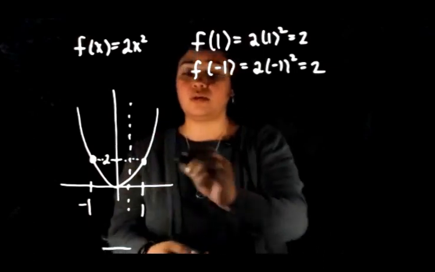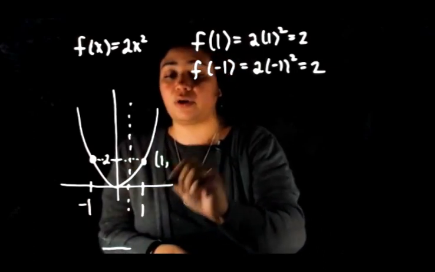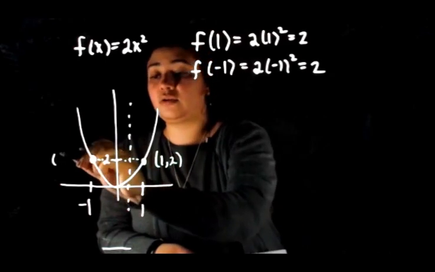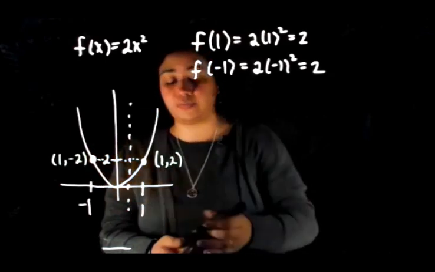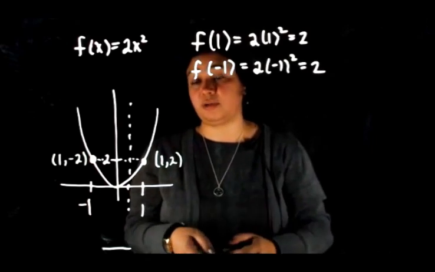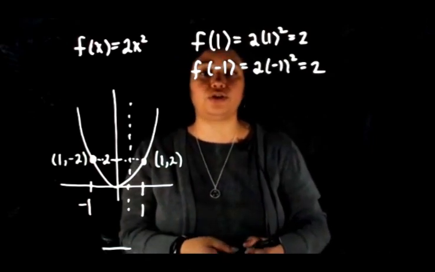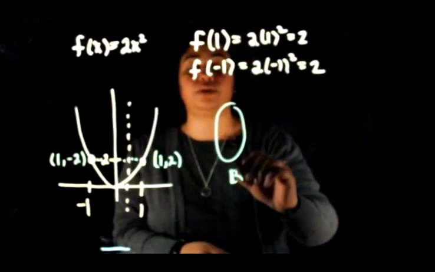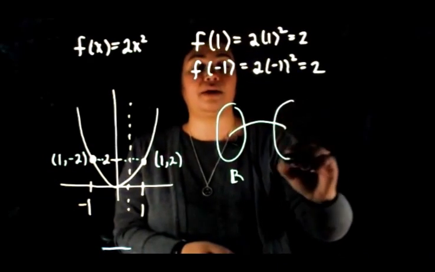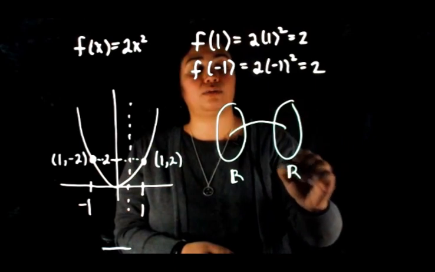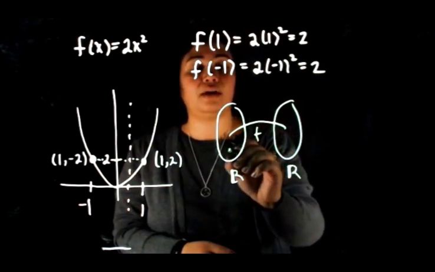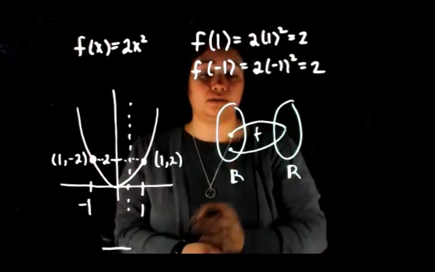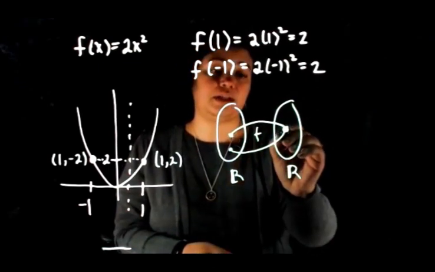Okay. The ordered pairs on the graph are different though. We have the entry 1, 2, and the entry negative 1, 2. So we still have a legitimate graph. We still have a legitimate function. If I listed out all the real numbers here, they would get mapped to different places under f, and it's allowed that two different entries or inputs get mapped to the same output.